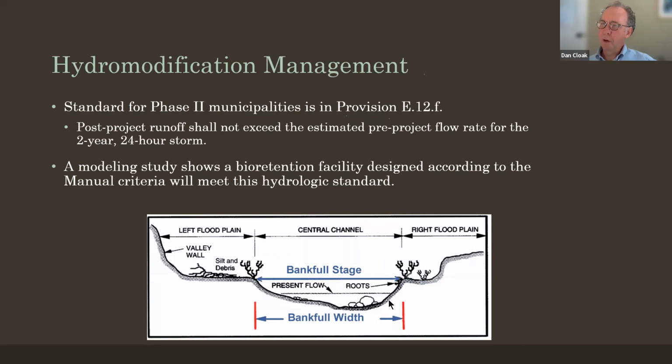The purpose of hydromodification management control, as it's been put into permits, is to avoid the situation of extended durations of flow coming off of impervious surfaces. So your streams are now running at moderate height, somewhere around here, over long periods of time.